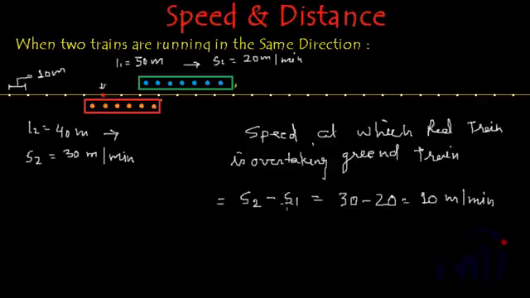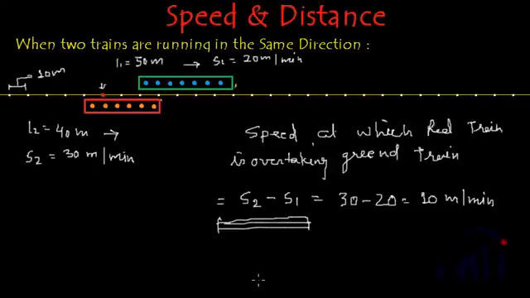So the speed at which the red train is overtaking the green train is actually the difference of their speeds, right? Is it clear to you now? Yes. So we have reached the conclusion that the speed at which this overtaking takes place is actually the difference of their speeds, right? And what about the distance they have to travel?